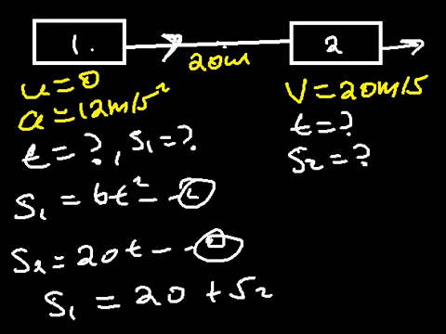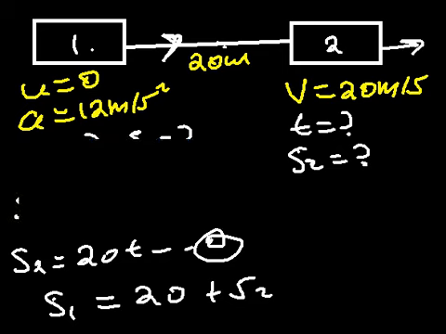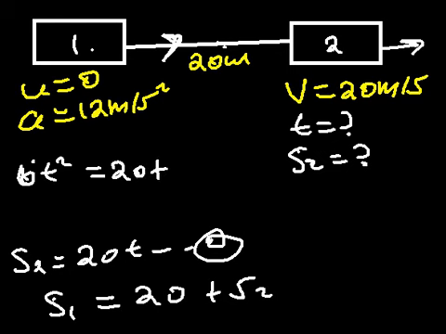So what will happen is that we'll have 6t squared equal to 20 plus 20t.